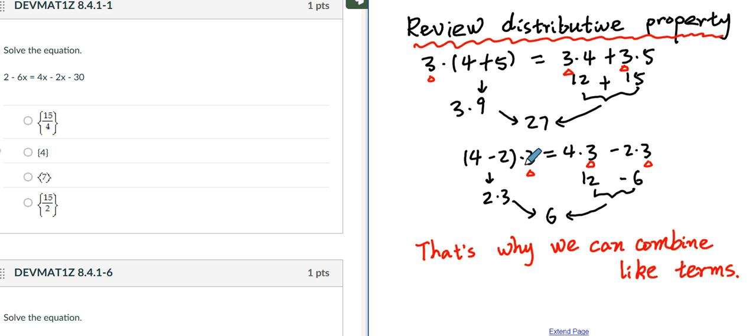Similarly, if here were 4, the places marked with the red triangle, it also works. You can test. If here were 5 instead of 3, or if here were 100, it all works.